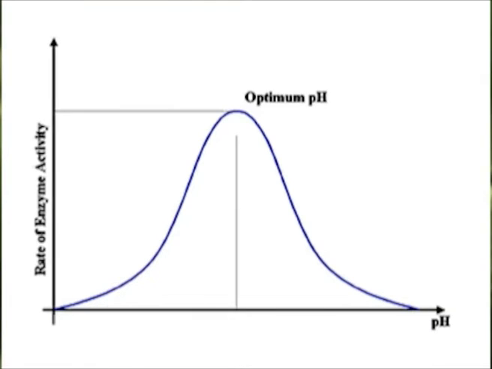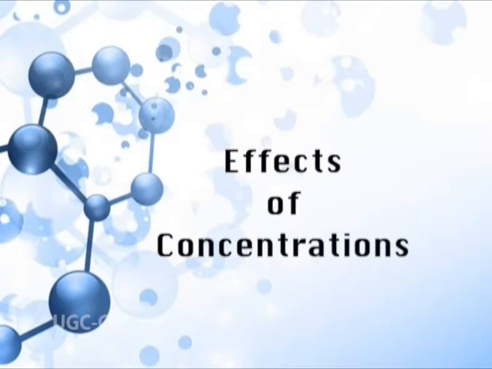If the pH of a substrate is too far from the optimum pH required by the enzyme, that enzyme cannot function at all. However, since body fluids contain buffers, the pH usually does not vary too far from the optimum values. Effects of concentrations.